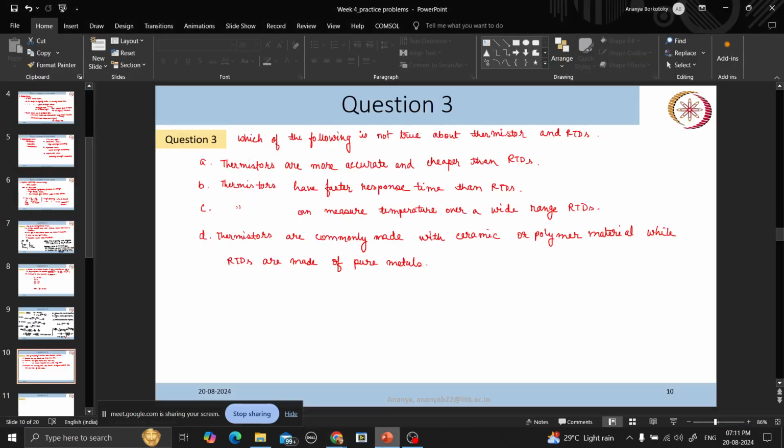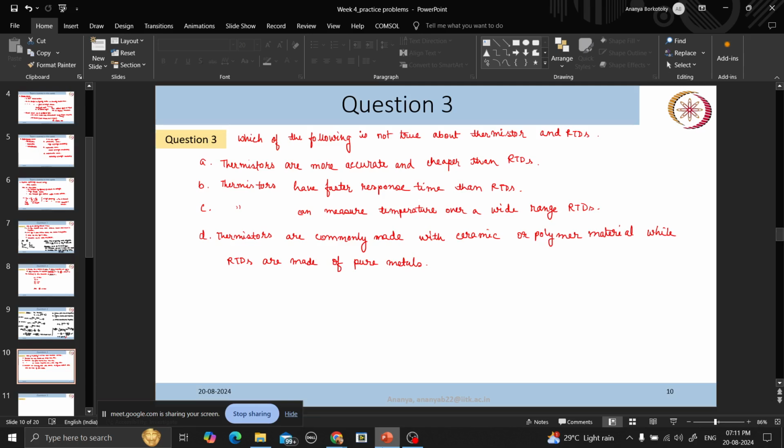So the question is, which of the following is not true about thermistor and RTDs? Option D is actually true. It is not the correct answer, because thermistors are mainly made with ceramic or polymer material, but RTDs are made of pure metals.